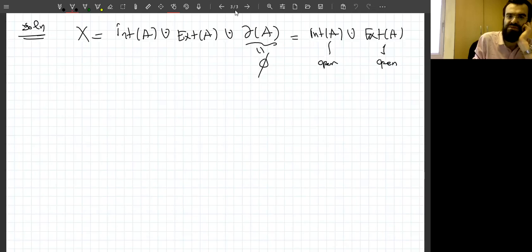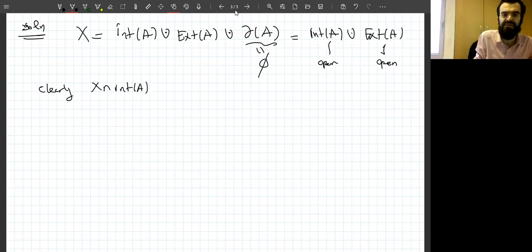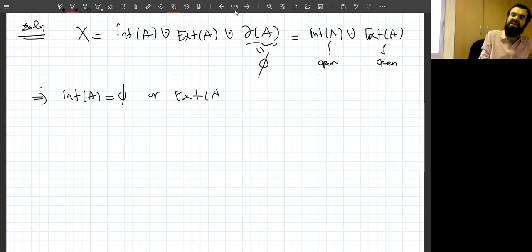So clearly X intersection interior A, sorry, they are disjoint open sets.